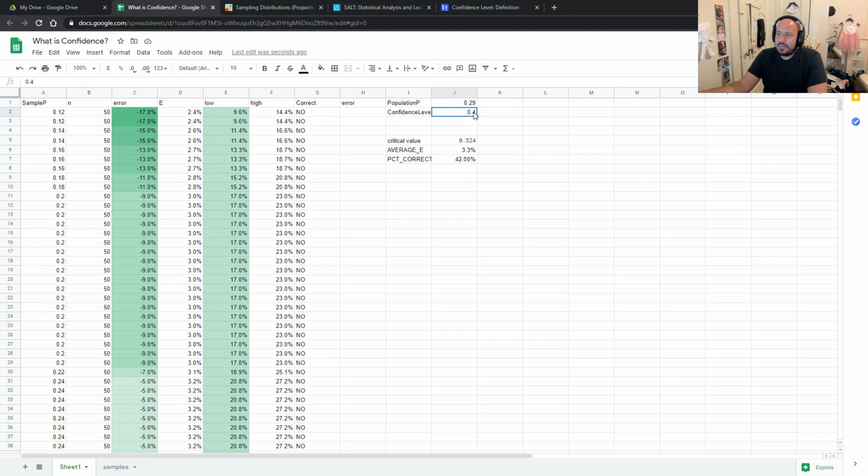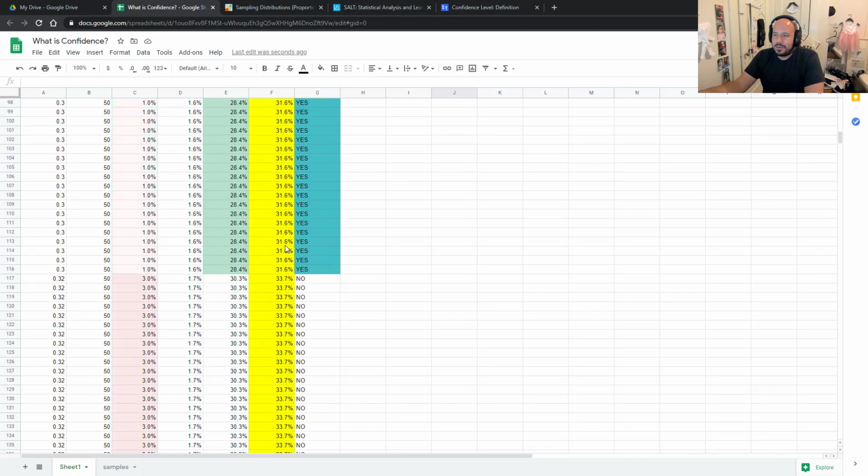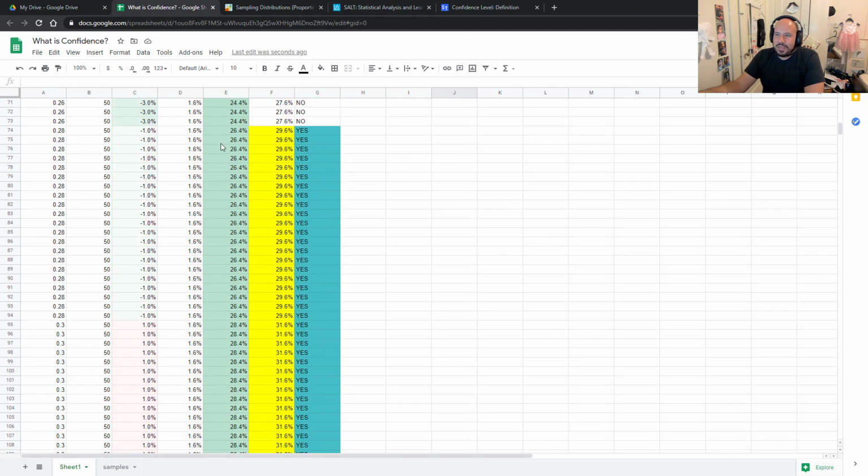And the same thing's going to happen when we go down to like a 20%. Now look how small that critical value is, and look how small our margins of error are. So these are really, really specific, and these would feel like really good estimates because you're really narrowing it down. But guess what? By really narrowing it down, it means you are basically only correct for those few samples that ended up directly on top of the true value.